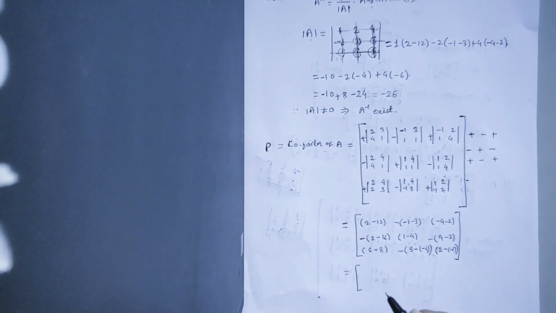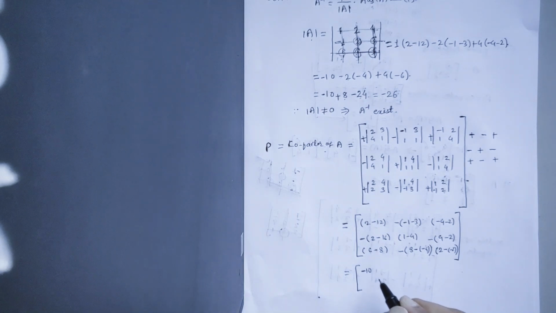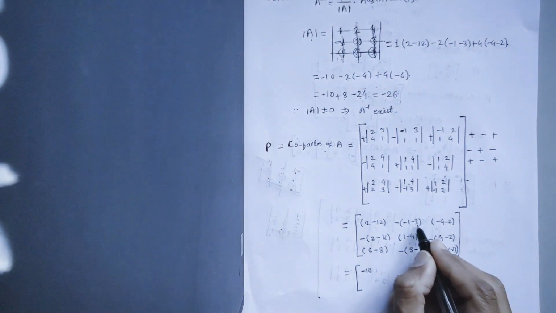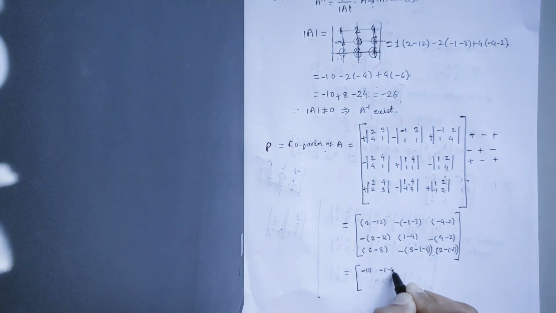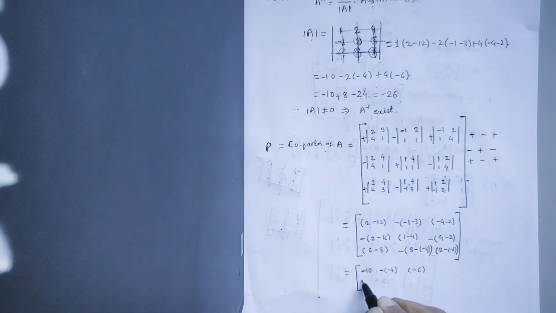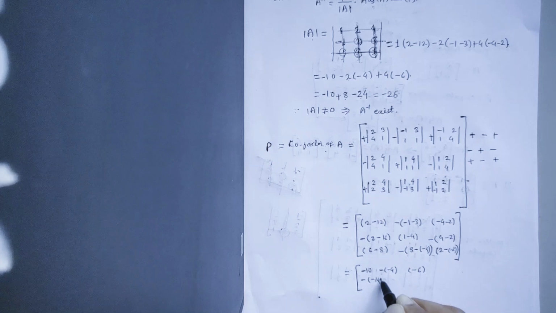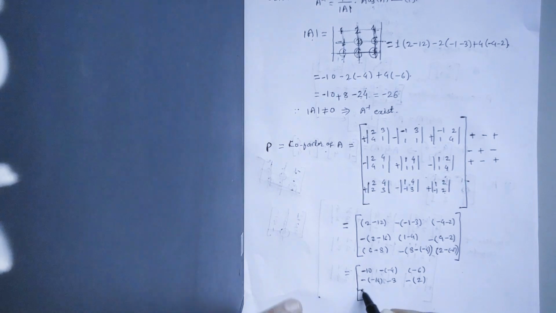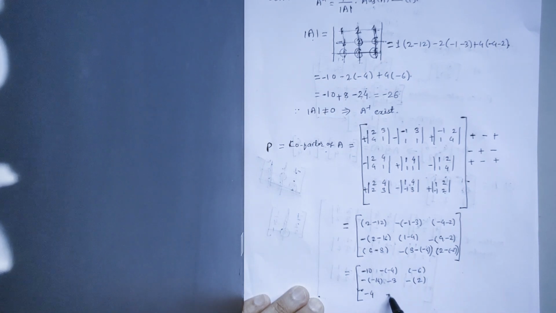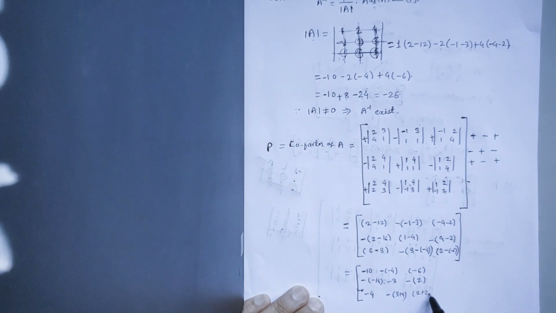So what I get here is minus 10, 4, minus 4, minus 6, then minus sign outside, 16 minus 2, minus 14, minus 3, okay, minus sign outside, 4 minus 2, 2, the next element is 6 minus 8, minus 4, this minus sign outside, 3 plus 4, and the last one is 2 plus 2, okay.